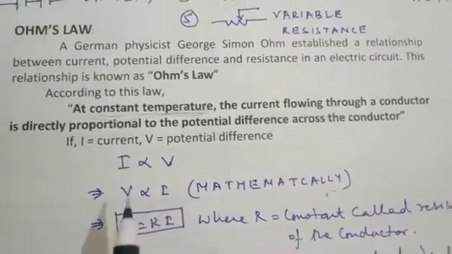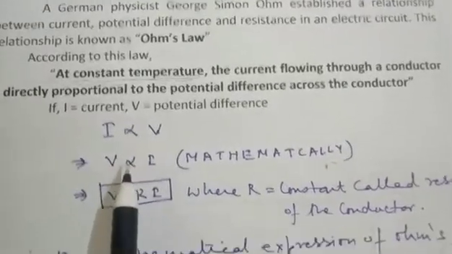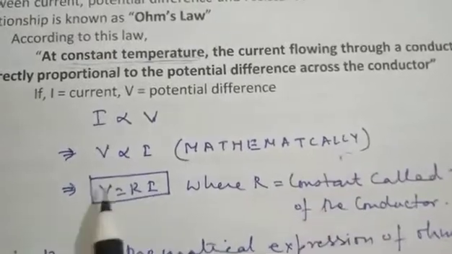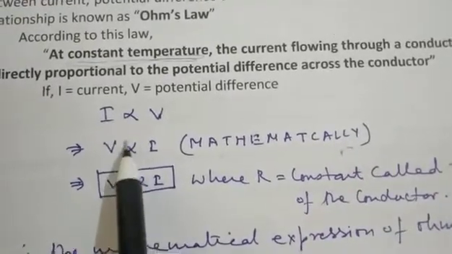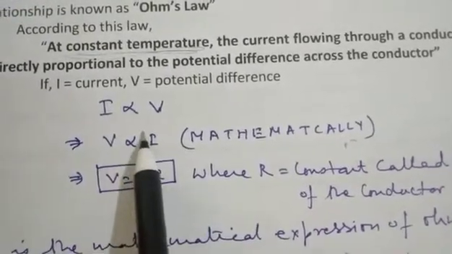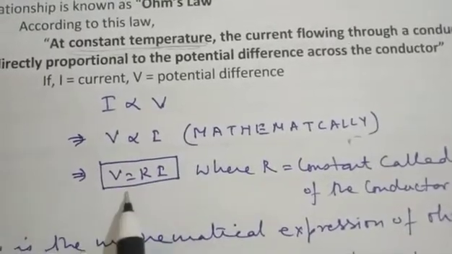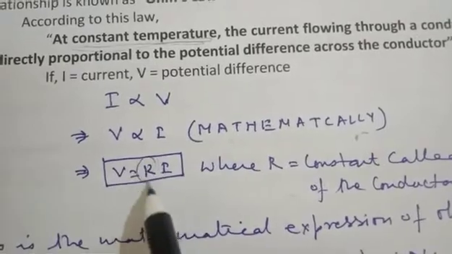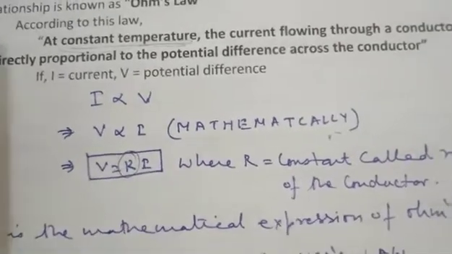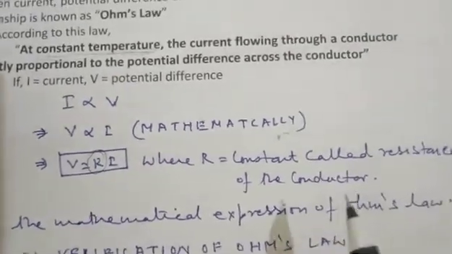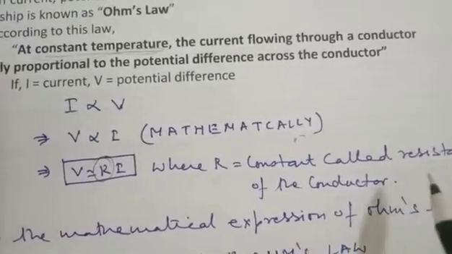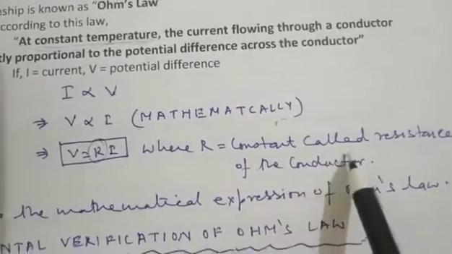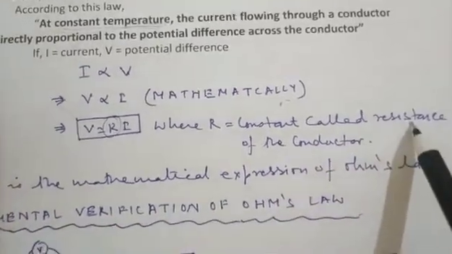Now, as we know from class 9, whenever we remove the proportional sign, we put an equal to sign and a constant. Here the constant is R, and this R is known as the resistance of the conductor.